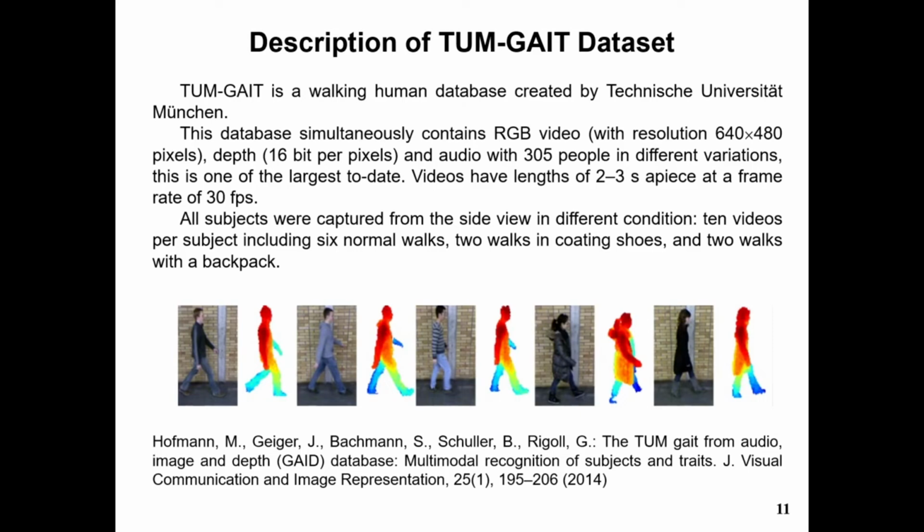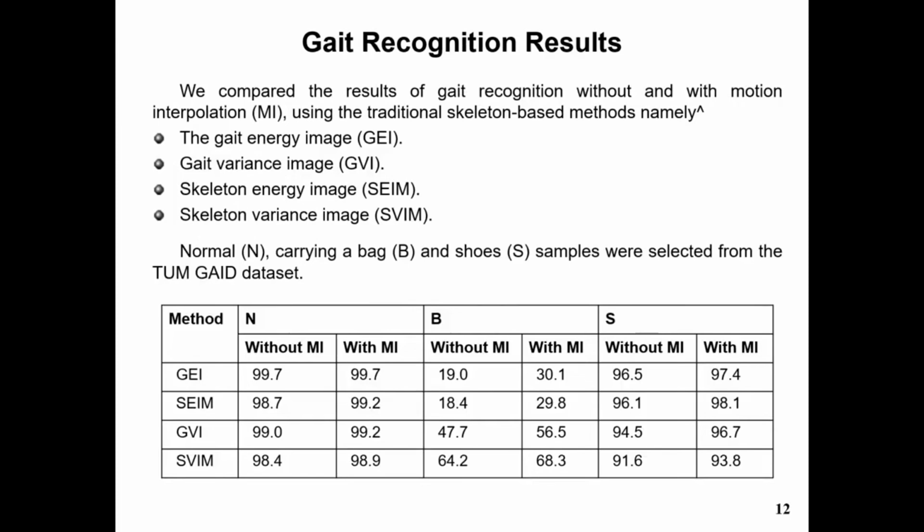Videos of the dataset are 2 to 3 seconds long at a frame rate of 30 fps. All subjects were captured from the side view in different conditions: 10 videos per subject, including 6 normal walks, 2 walks in coats, and 2 walks with a backpack. Examples of video frames are shown in the figure.